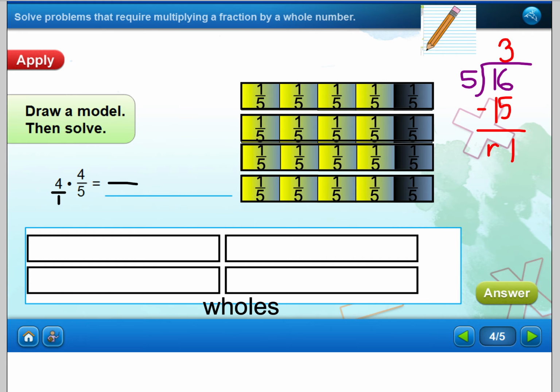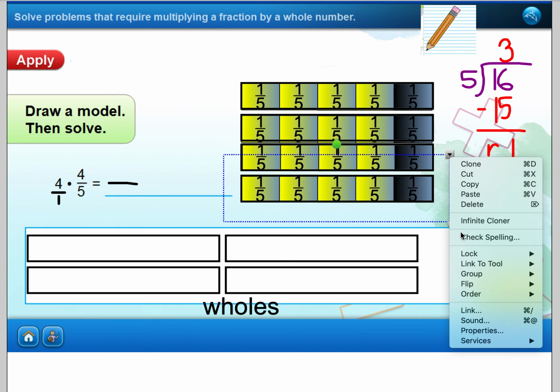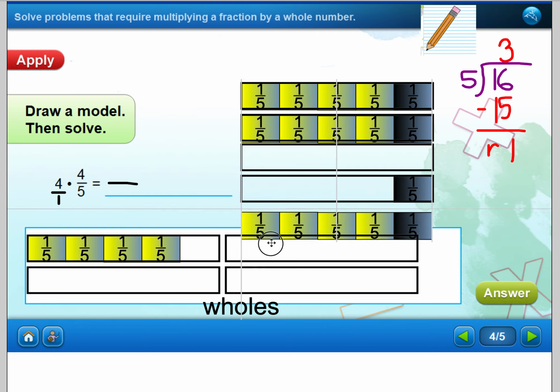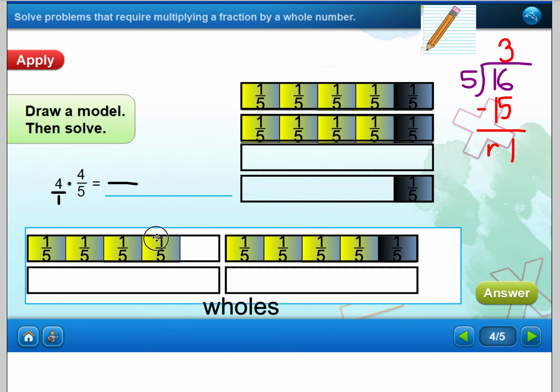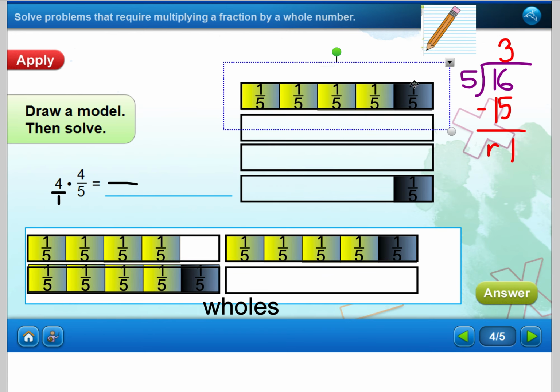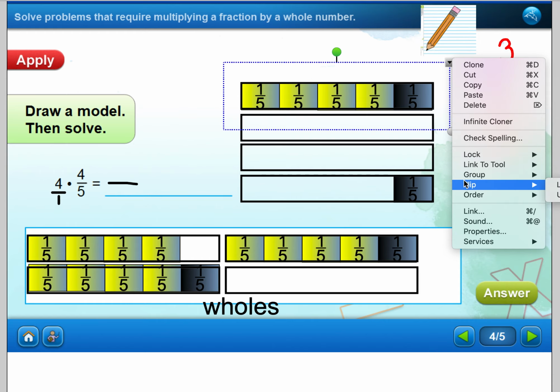Now let's go ahead and watch me here. I'm going to take these and ungroup them, just to prove it. Apologize for the time here. Just for speed, I'm going to move that there, and move that there. Now I'm going to ungroup these to prove that 3 1/5 is the same thing.